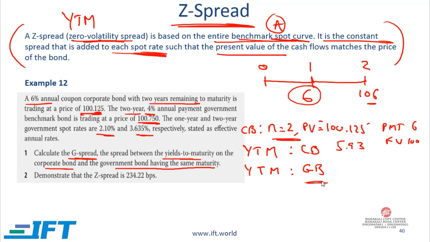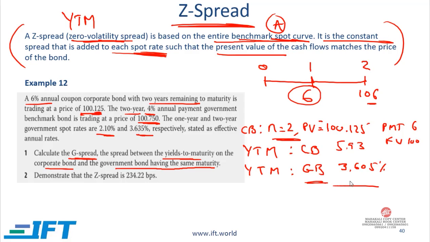With the government bond, using the same method, but obviously the PV is different and the payment is different, the number that you will get is 3.605%, and the difference between the two is the spread.